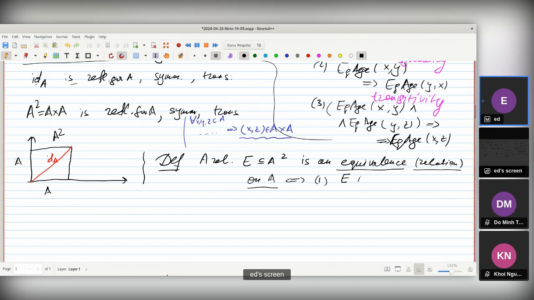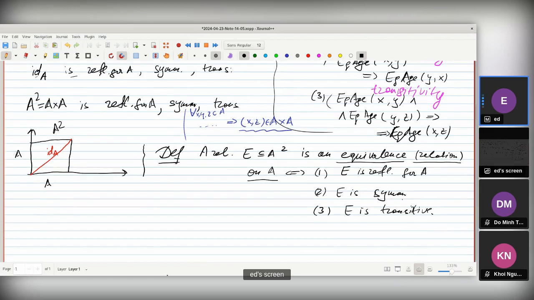That is, E is reflexive for A, E is symmetric, and E is transitive. And so for now we know that identity and A squared are always equivalence relations on A.